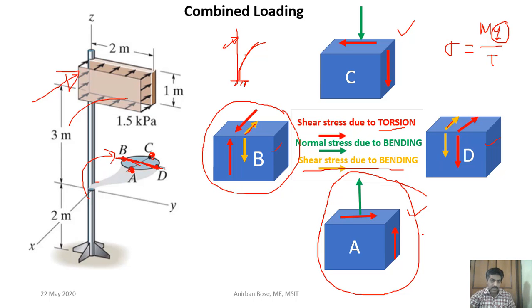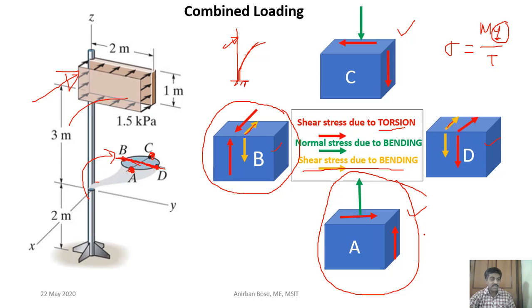So in this lecture, what we have seen is we have studied the different types of loading, and this type of loading creates stress in the material, and how to calculate those stresses, that we have seen. And we have also mentioned that these stresses may be developed because of combined loading.